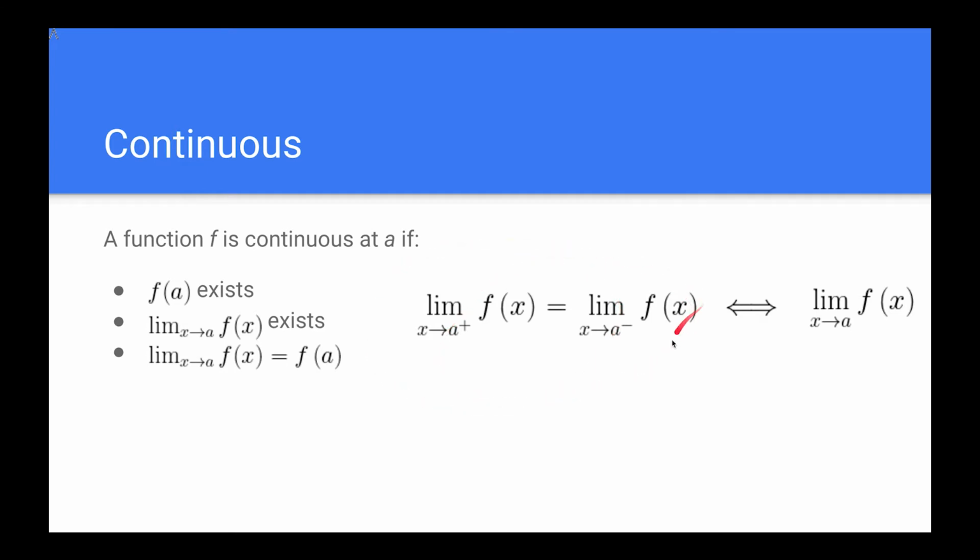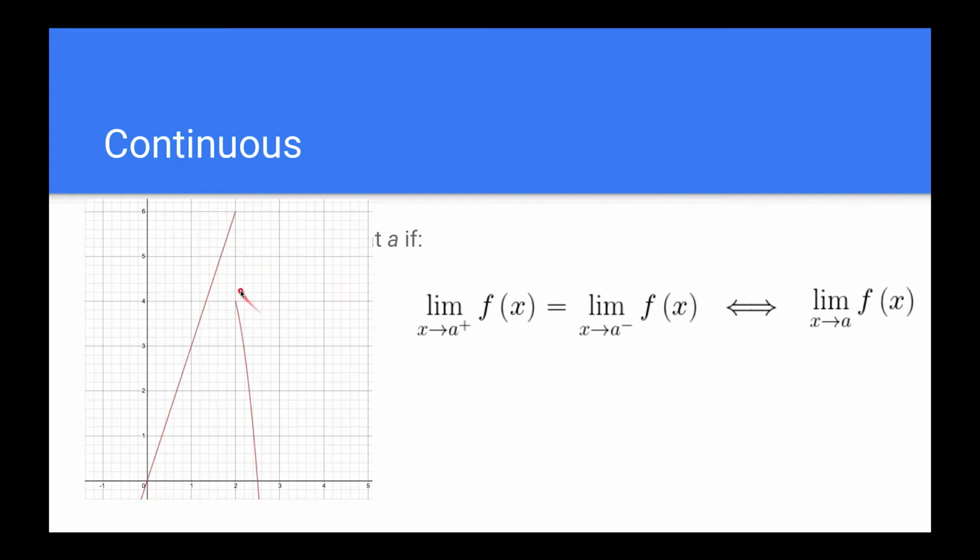You might not have seen these two kinds of statements before, but they're similar to limits. The limit as x approaches a with a plus raised means the limit as it approaches a from the right-hand side.